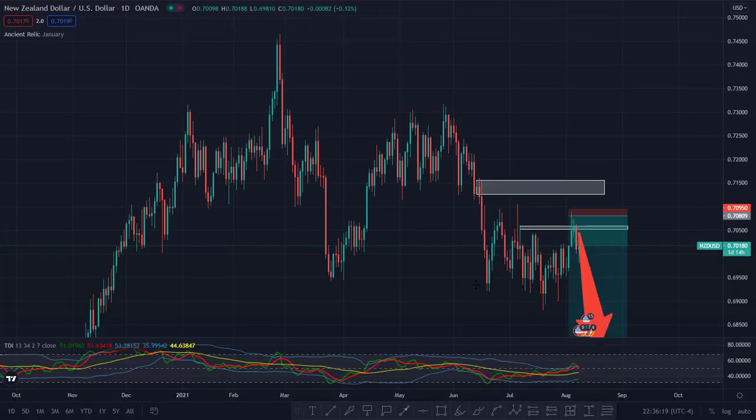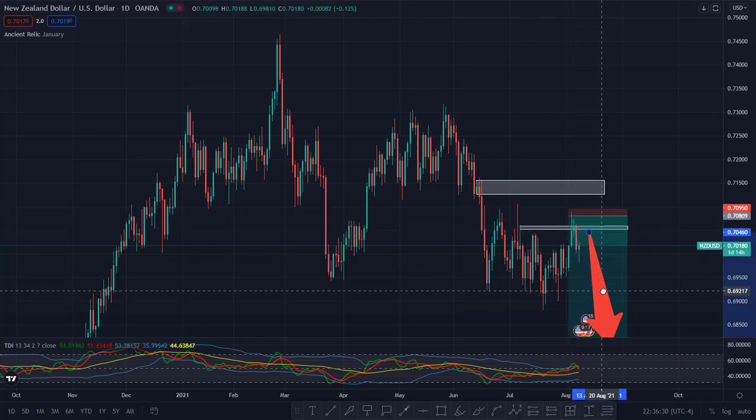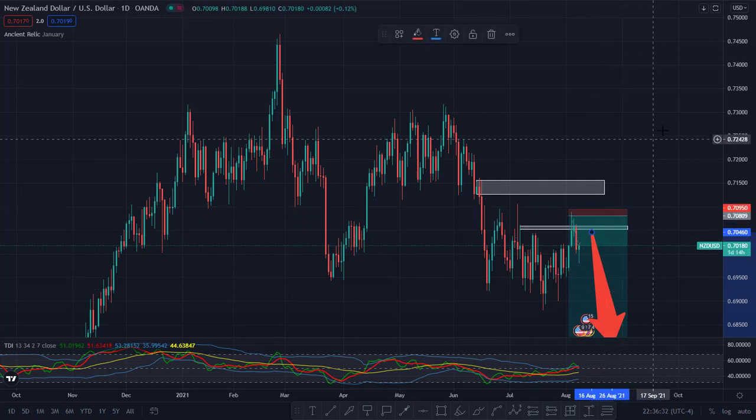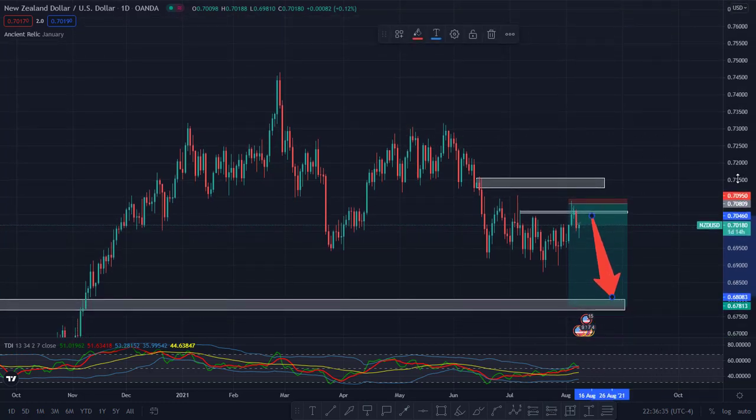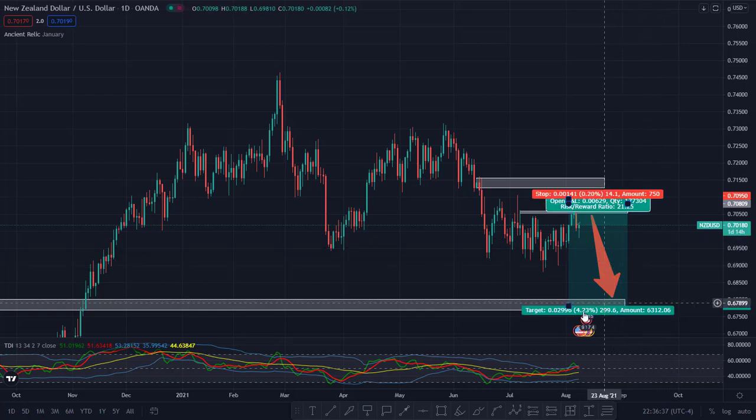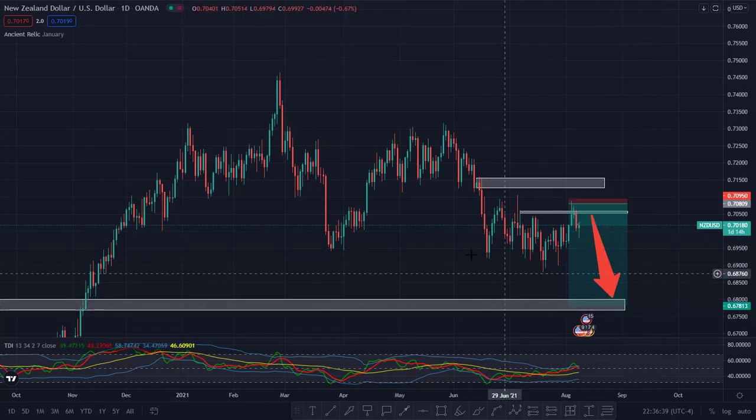And then they did go to test the 50% of this last candle, and then they started to drop. And then from this analysis that I made and shared with you, I'm expecting the market to take out this zone, guys.